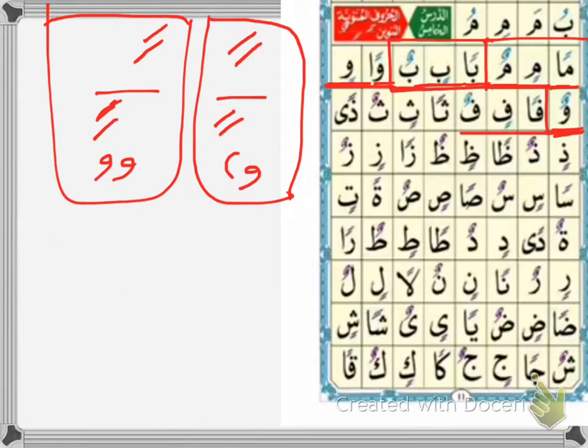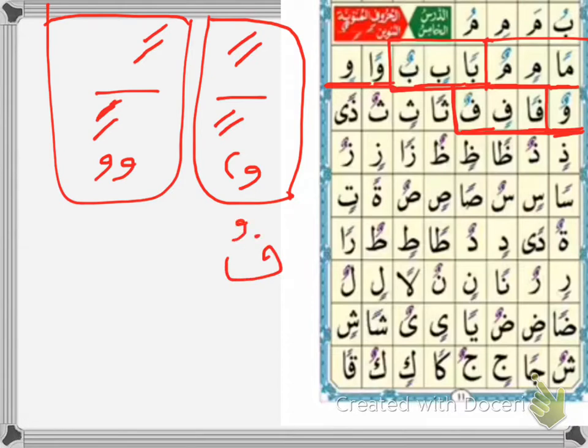Next is the fa. The name of the letter is fa. This is how we read: fa فتحتين فن، fa كسرتين فن، fa ضمتين فن. This is fun.